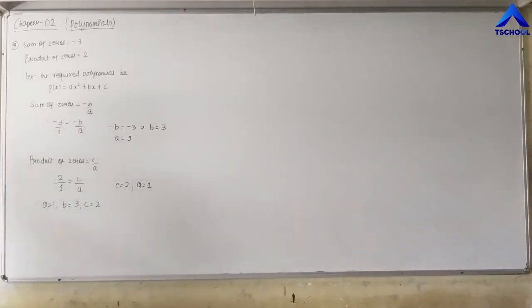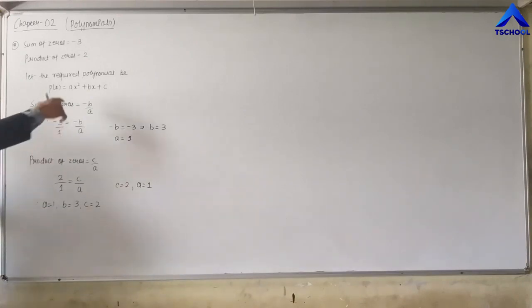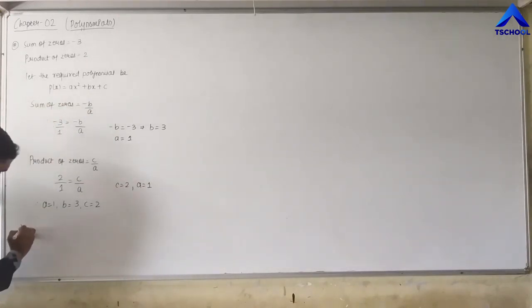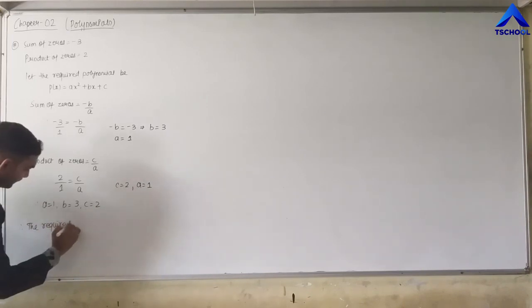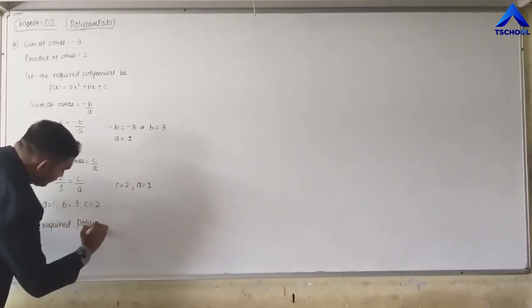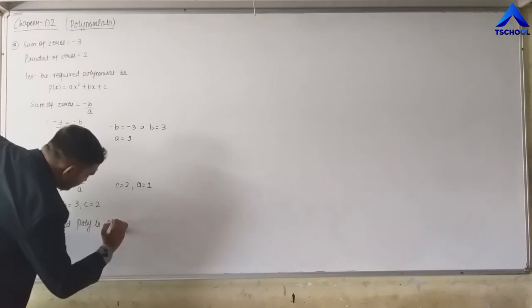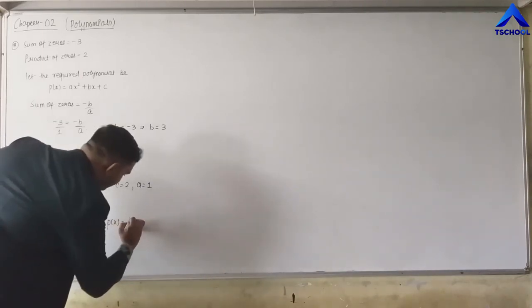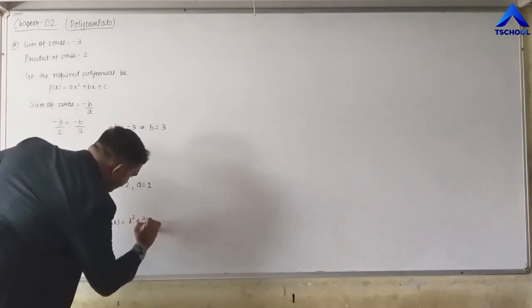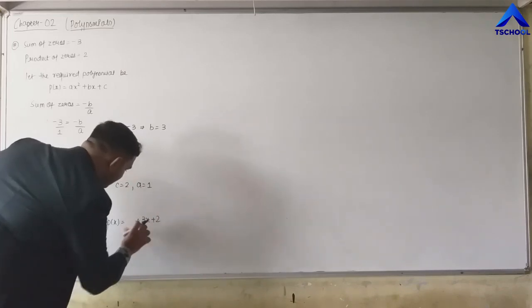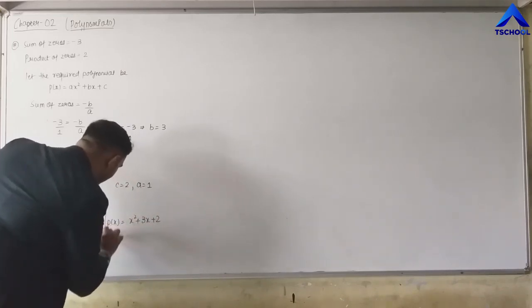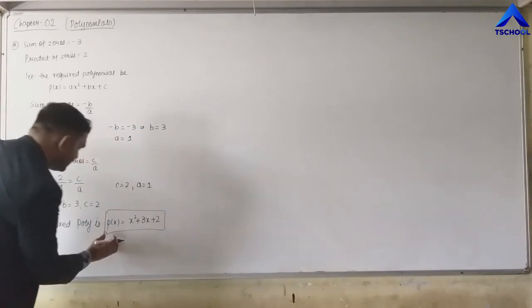Replacing a equals 1, b equals 3 and c equals 2 in our required polynomial, the required polynomial is p of x equals x square plus 3x plus 2.